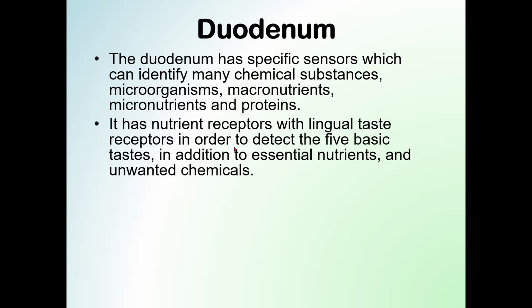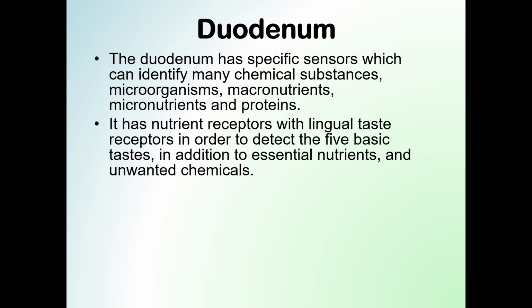So it also has what they call the lingual taste. That's the tongue tastes. So the 5 basic tastes are also picked up in the duodenum, and also whatever other nutrients are there, and also unwanted chemicals.